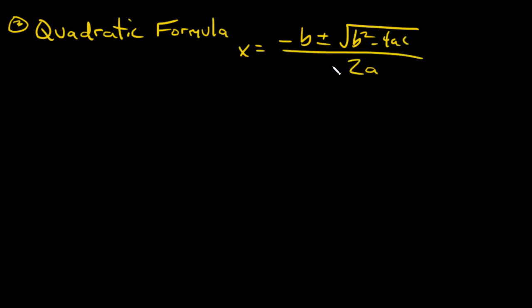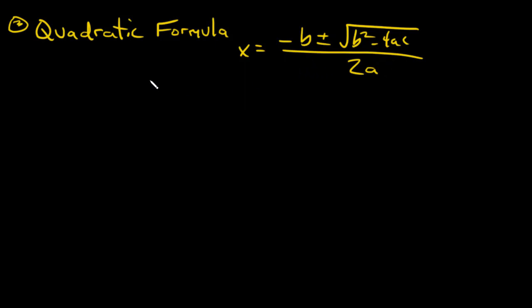The reason I'm showing you the other methods is because they are fast and you make fewer mistakes once you get used to them than you do with the quadratic formula. The quadratic formula: x equals negative b plus or minus the square root of b squared minus 4ac, all over 2a. It is a wonderful formula.